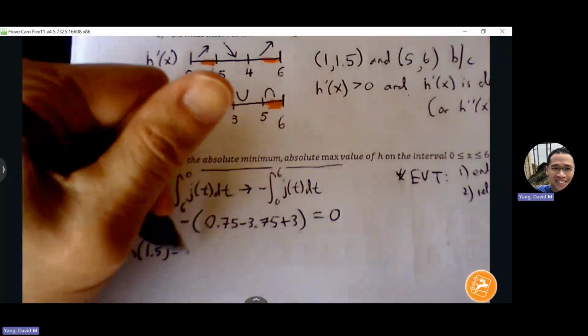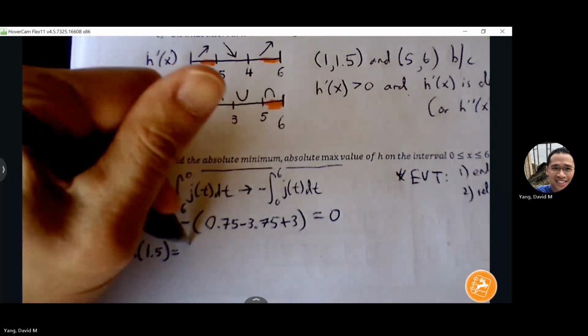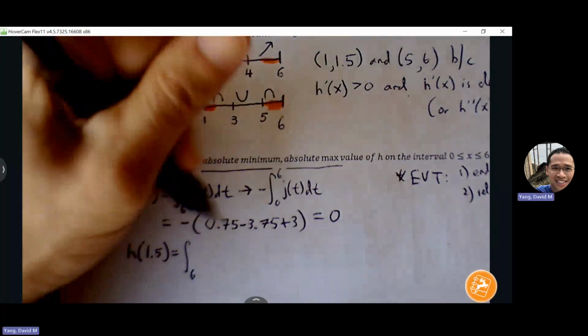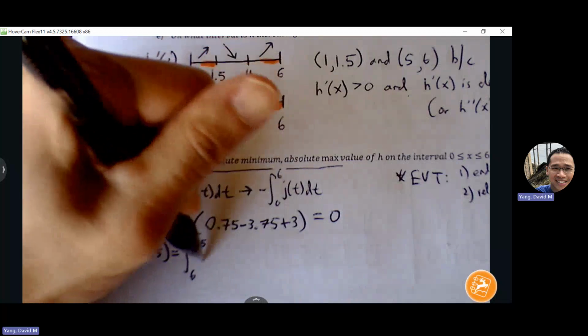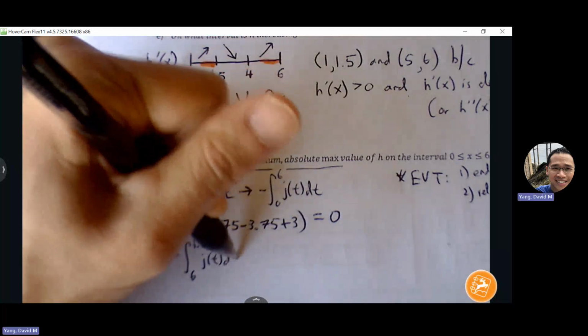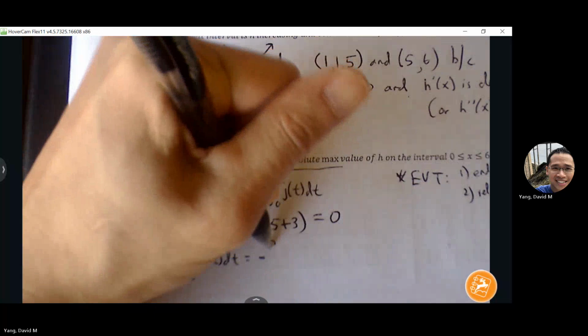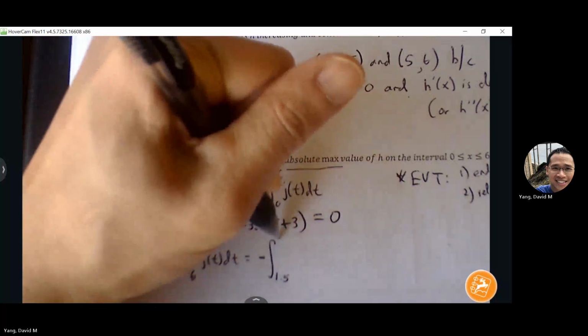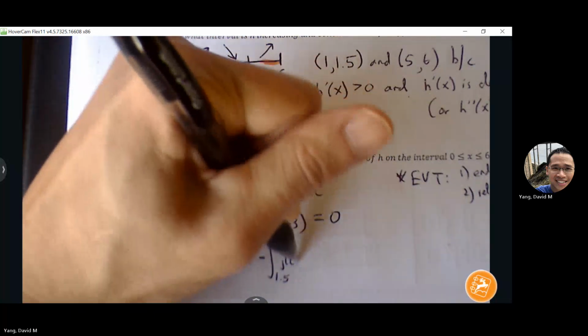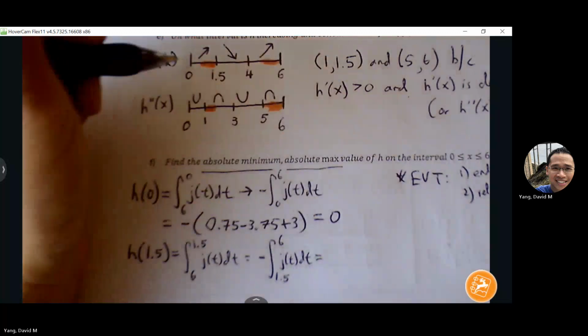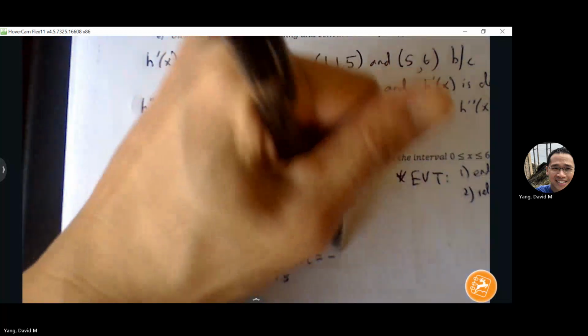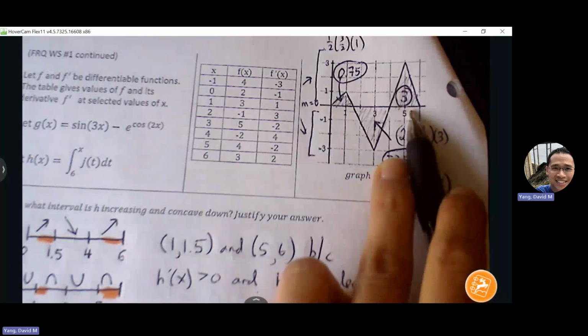H of 1.5. Definition says from 6 to 1.5. Change the bounds. So this is negative 3.75 plus 3.